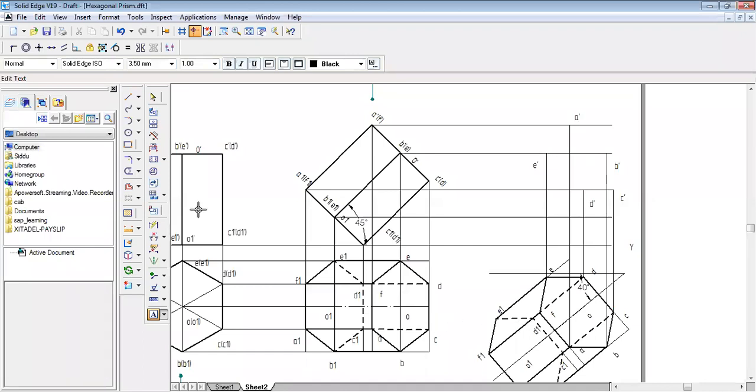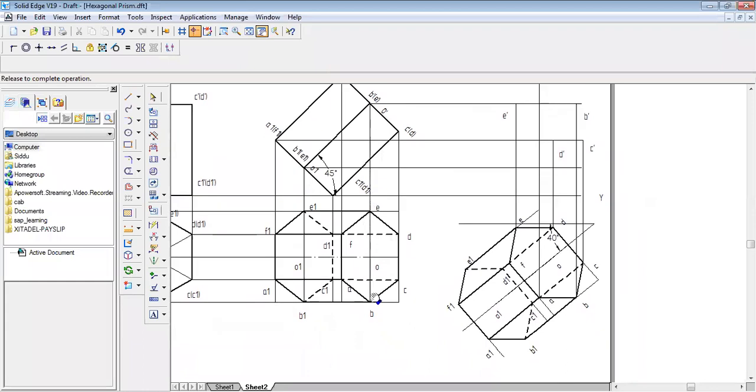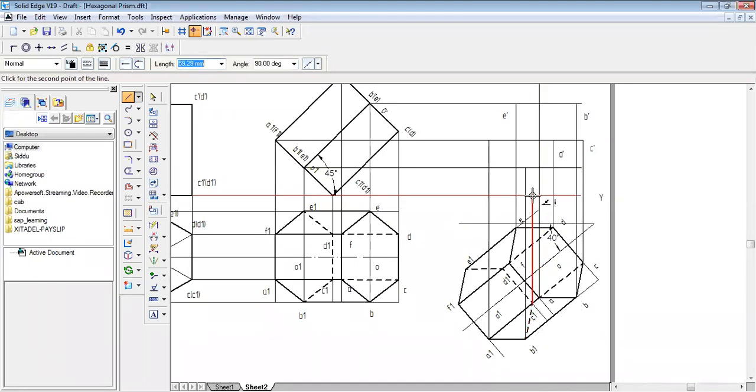Similarly, A1, B1 will do it now. So this is your A1. A1 is here. B1 is here. C1 is here. D1 again on XY line. And then E1 is exactly at the middle.